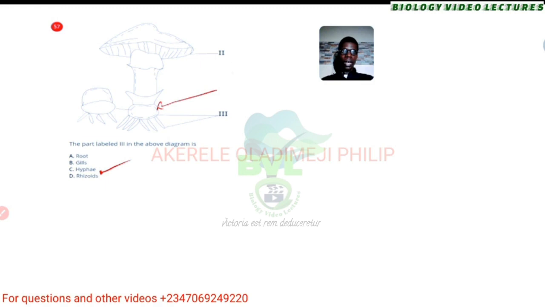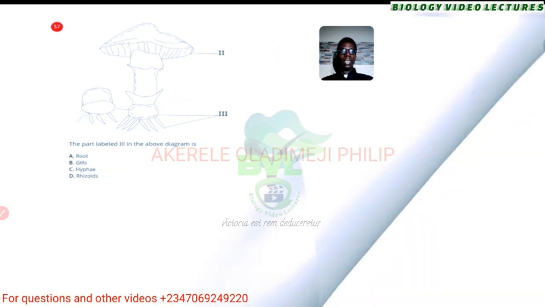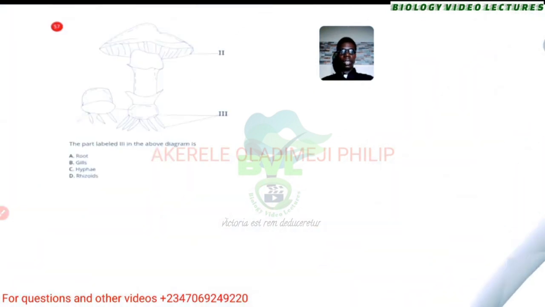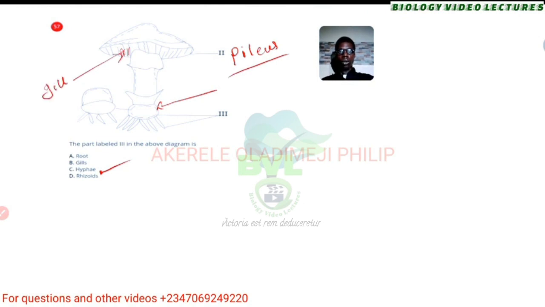Now, if 3 is hyphae, this is the pileus. Let me write that again. Pileus. That's the name of that crown, and that's what the mushroom cap is made up of. All right, and then it also has underneath here the gill. It can also be called gill, like normal gills, G-I-L-L. Yes.